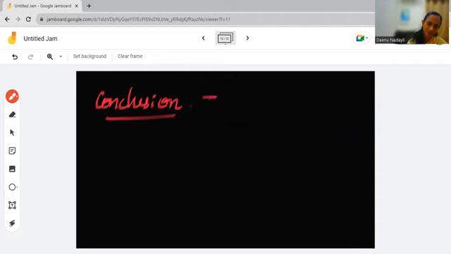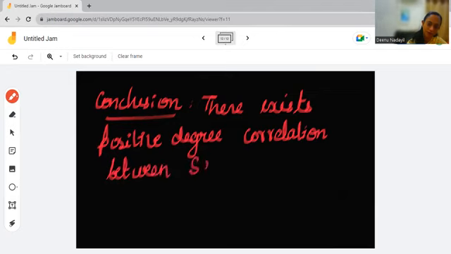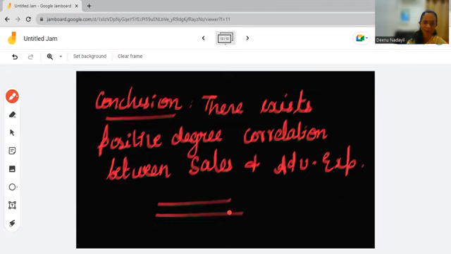Don't forget to write this after getting the answer of the correlation coefficient. There exists positive degree correlation between sales and advertising expenditure. Why have we written positive?